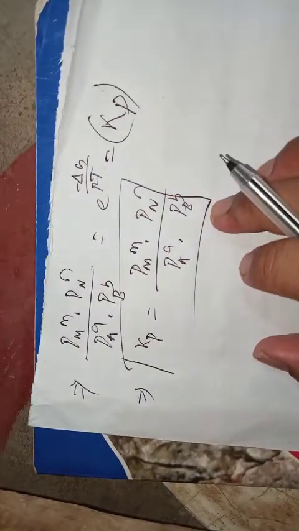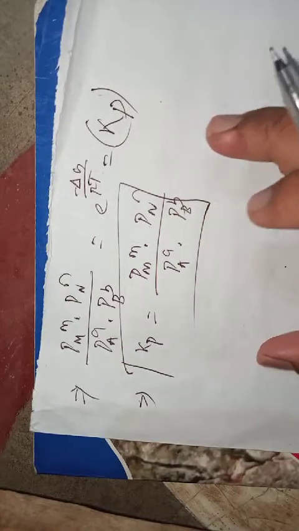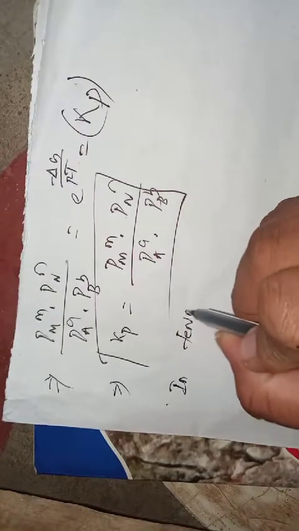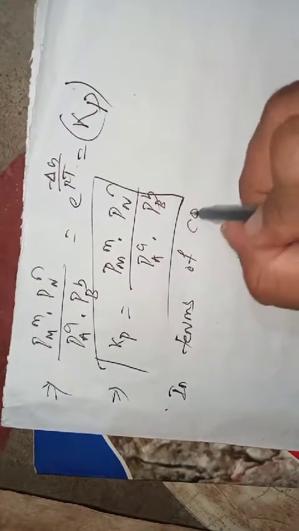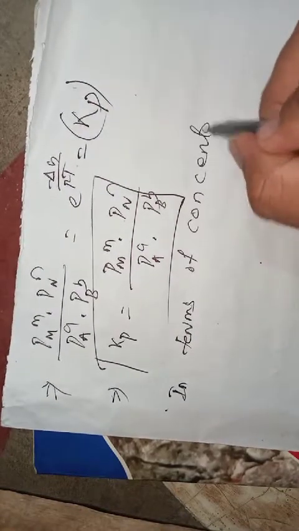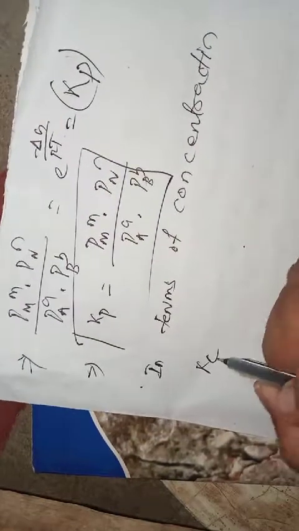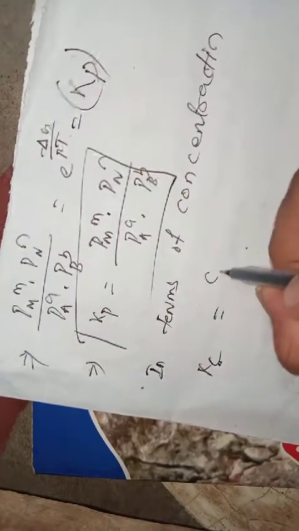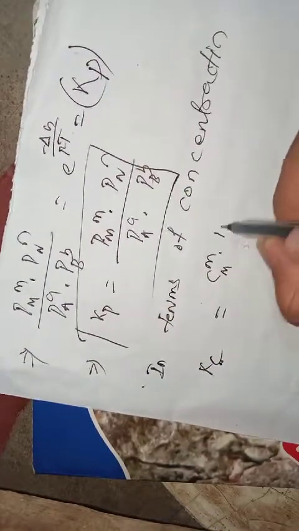And further, this is in terms of pressure, but in terms of concentration, we will write Kc equals Cm to the power m, Cn to the power n divided by Ca to the power a into Cb to the power b.